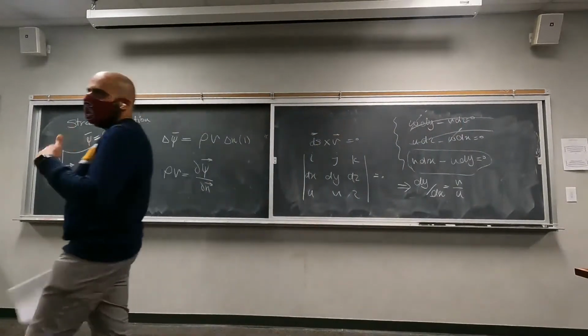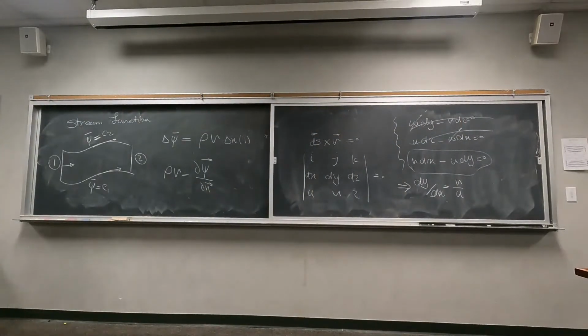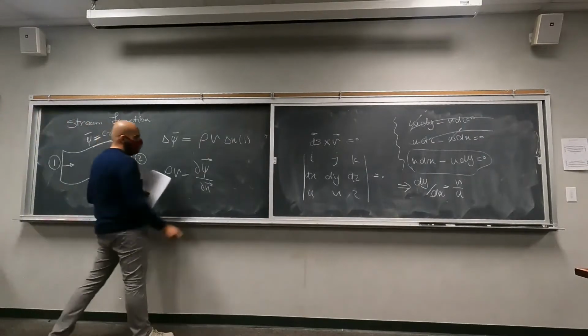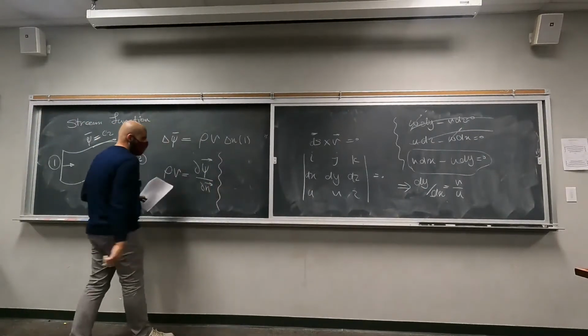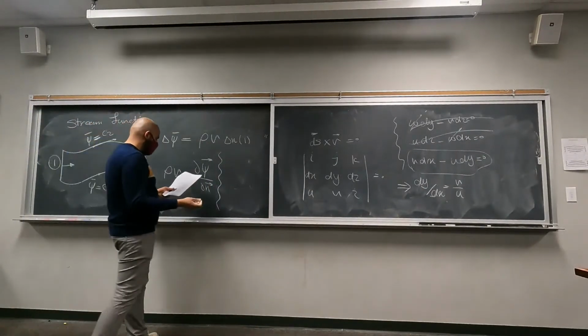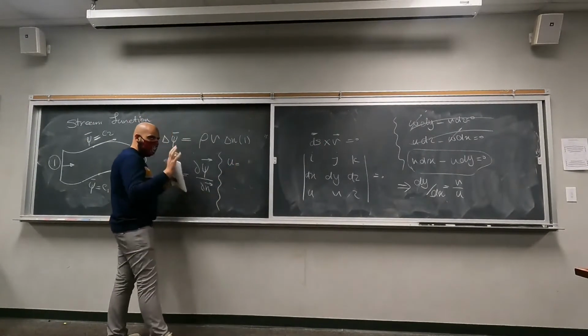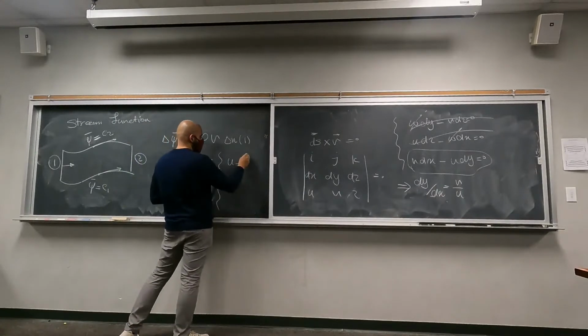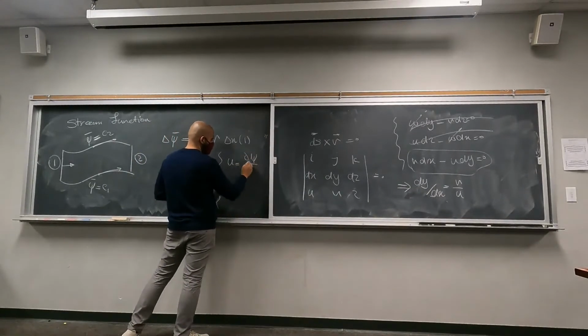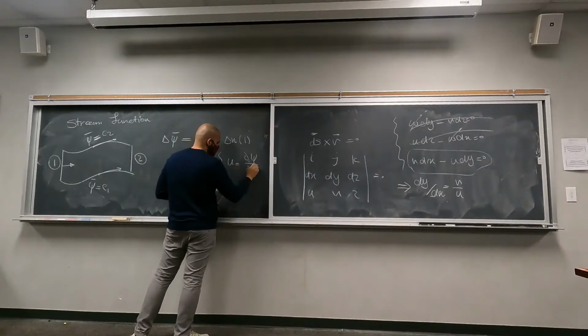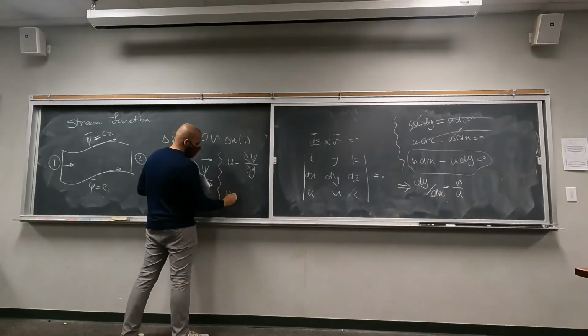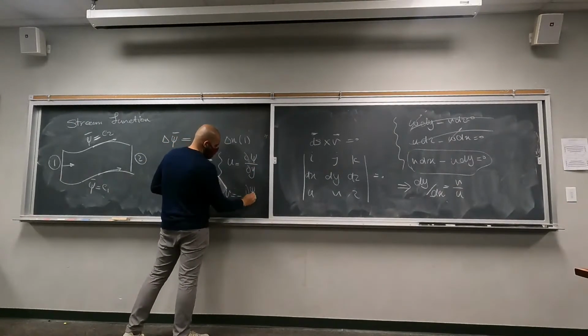It can have directions in x and y. So we can eventually have the two different components as this. Let's say we are dealing with incompressible flow. u is going to be equal to partial psi over partial y, and v is going to be equal to negative partial psi over partial x.